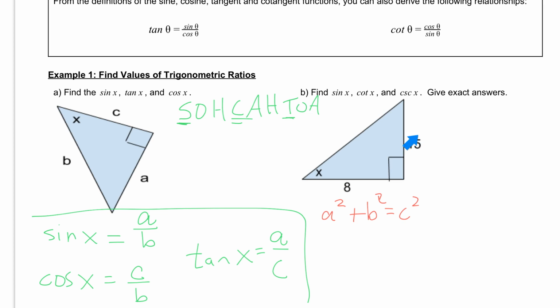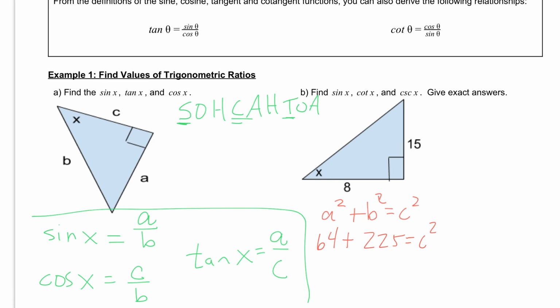We have both the legs, so we have a and b, but we're missing c. So for a squared, we could do 8 to the second, which is 64, plus b squared, which would be 15 to the second, which is 225, equal to c squared.